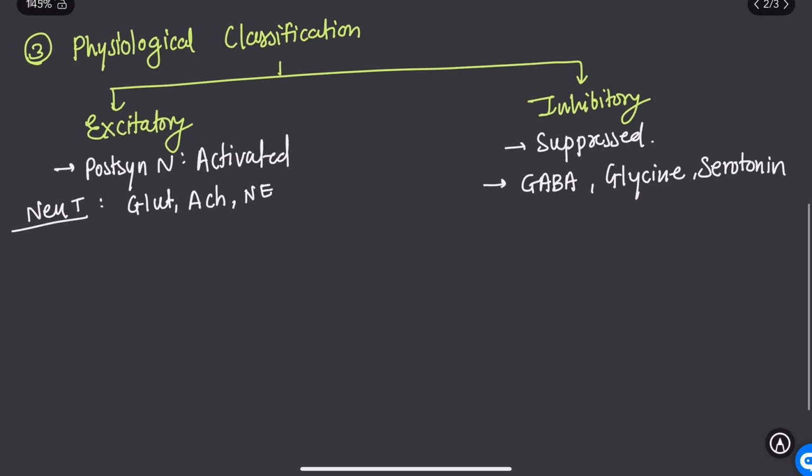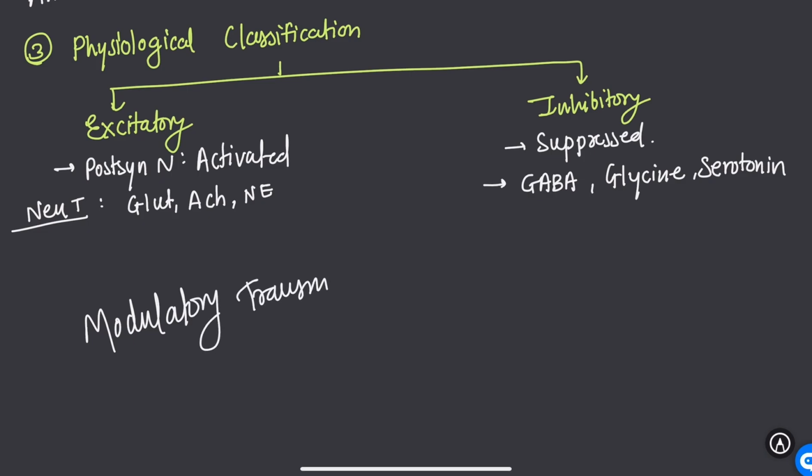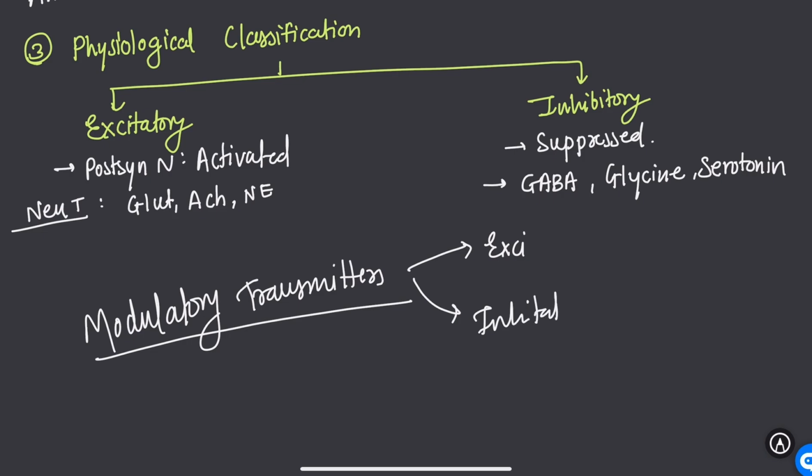And then there is another type of neurotransmitter, that is the modulatory neurotransmitter. These modulatory neurotransmitters can be either excitatory or inhibitory as per the condition. Okay, and a very famous example of a modulatory transmitter is dopamine.